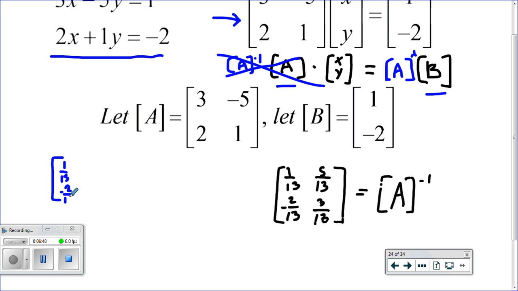Bottom line is what I want is inverse matrix A first, and 3/13. And I want to multiply that by matrix B. And that's going to give me x and y alone, which again is what I need.